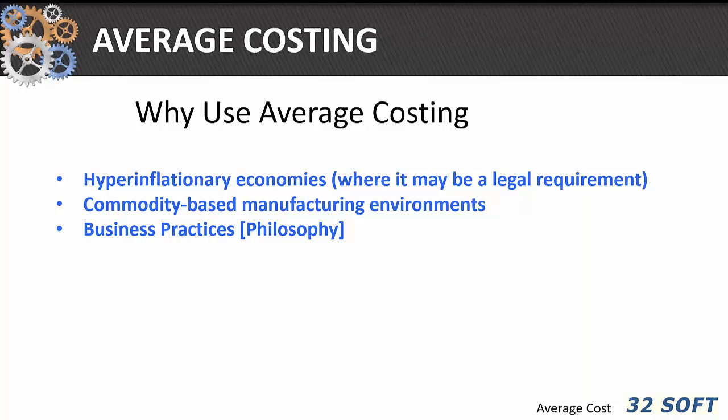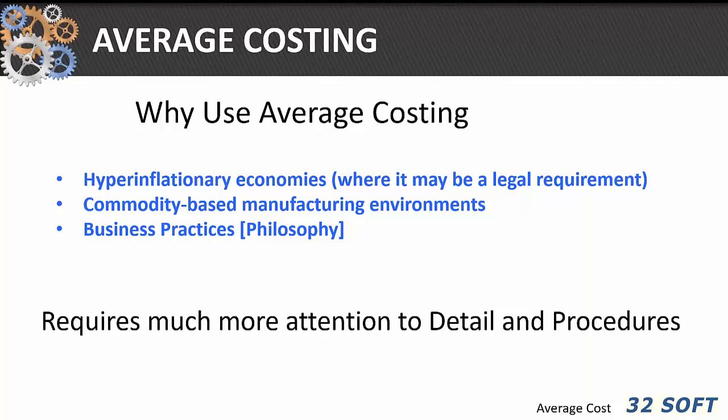Who knows what the price of sugar is going to be, or oil, those kinds of commodities. You might want to use average costing process, or you might just have a basic business philosophy. Your accountant, your CFO might determine that he wants to use that average costing. Company down in San Diego that does a lot of government contracting uses average costing process.